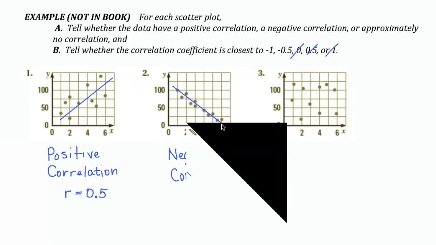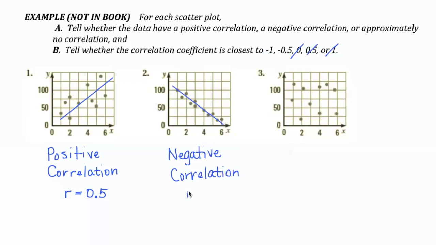Now, this data is much closer to being a line than the previous one. So our correlation coefficient r would be closest to -1. In reality, it wouldn't be a perfect -1 because to be a perfect -1, your data literally would be a marching line of points. But it's closer to that than it is to -0.5.